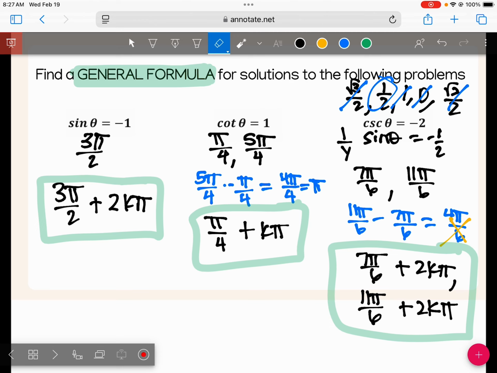So these are your three options basically you have to choose from. If you only have one angle, you will only ever be able to write it exactly like this. If you have two angles and the distance between the two is pi, you can write it like this. And if you have two angles and the distance between the two is not pi, you have to write them separately.